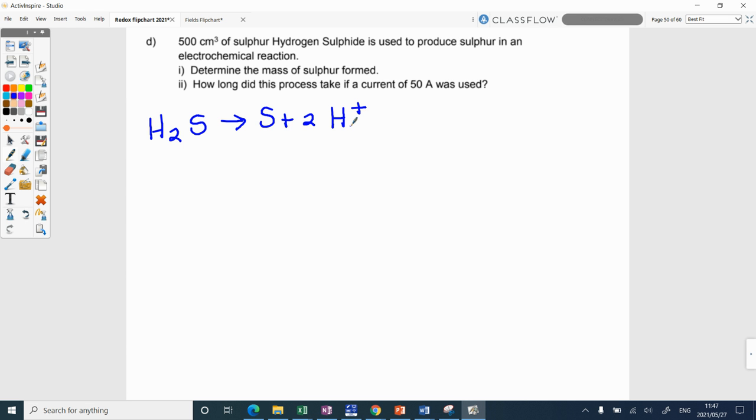Well, you can use it to determine if something is oxidized or reduced, but now you have the table, so you can also use the table to do that. But they're also going to use the oxidation number. I've never seen it in a matric paper. The oxidation numbers are just to introduce the topic to you.